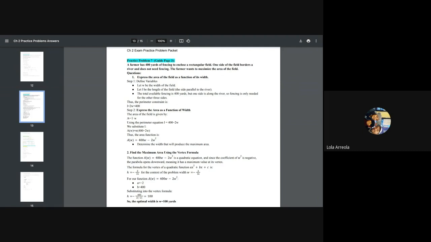But this makes sense because again, how many yards of perimeter did I have? 200. So the most efficient way to wrap around this area is to make the width 50, 50, and the length 100 yards. So 50 plus 50 is 100, plus 100 over here is 200 yards. So I've used all my perimeter, and I've used it in the most efficient way to cover the most area. Okay. Does that make sense?